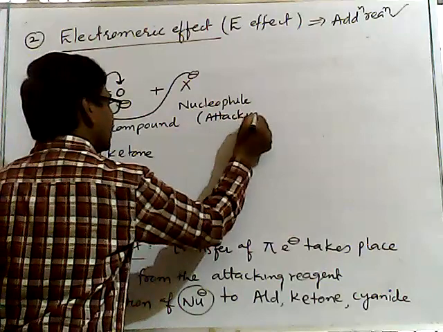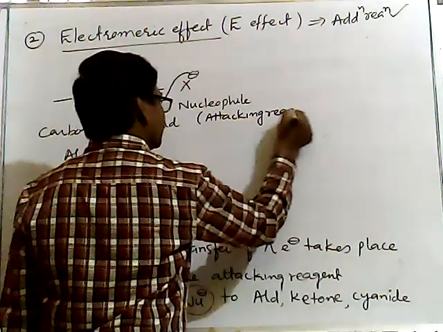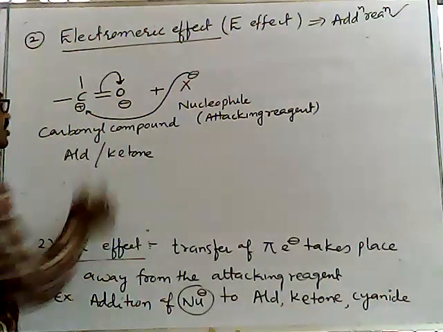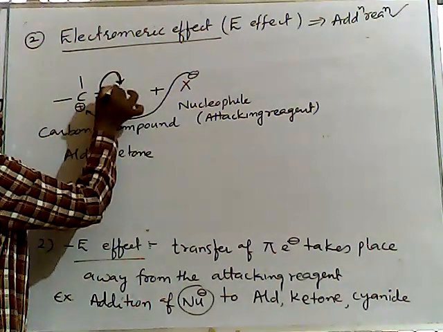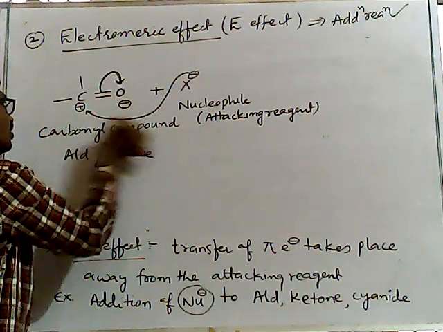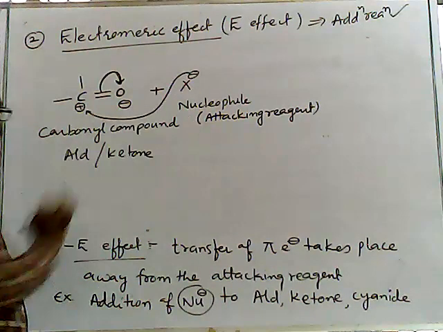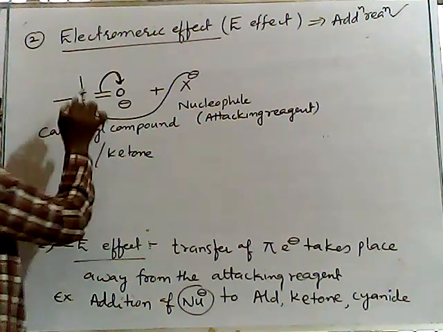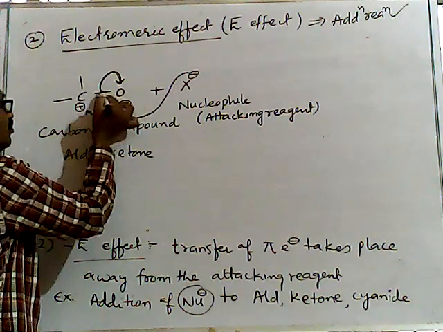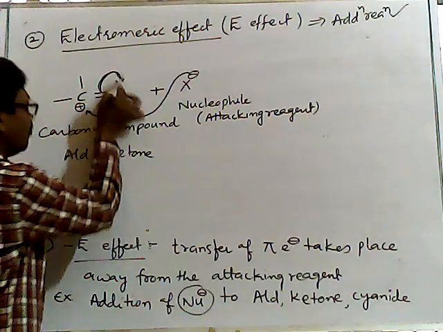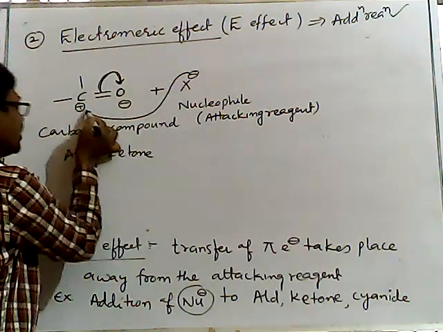This attacking reagent is now moving towards which side? This carbon. See here, the migration of pi electrons and the direction of the attacking reagent is towards this carbon. If you observe clearly, the transfer of pi electrons is away from the attacking reagent.